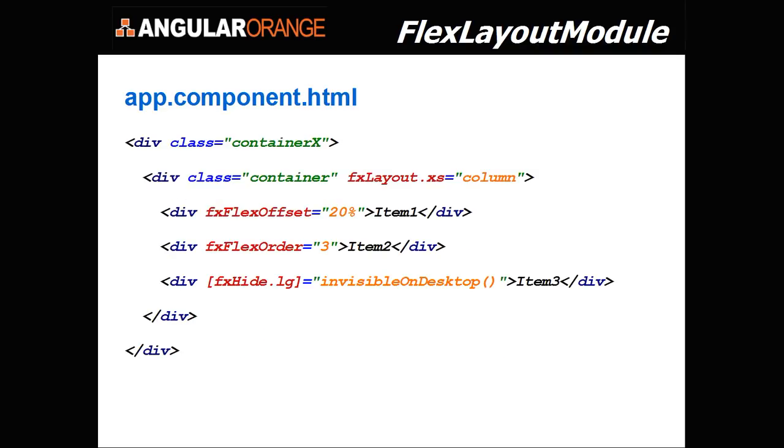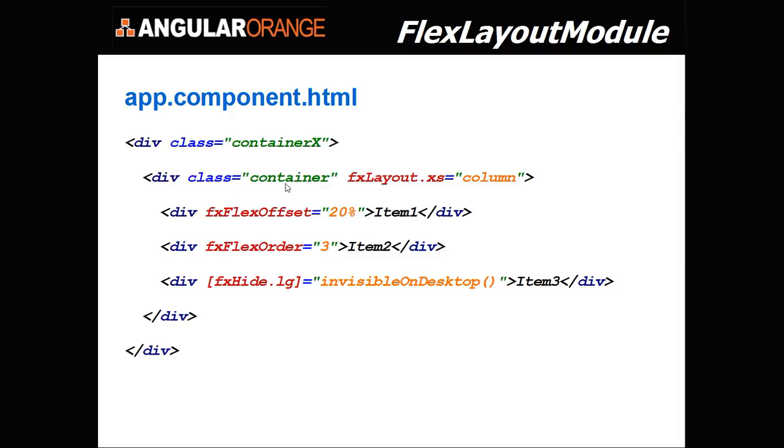Okay, so here's a simple example of how you can use it. What I do is I basically define a container. This outer container puts some spaces around my row of div tags, which are colored blue, let's say, and this container acts as my flex container.